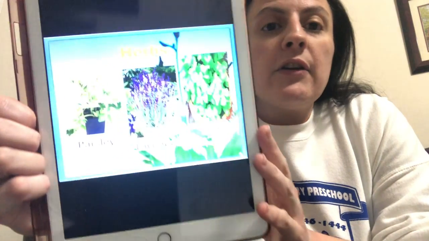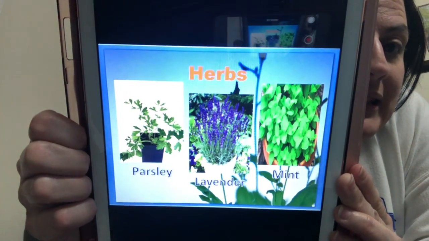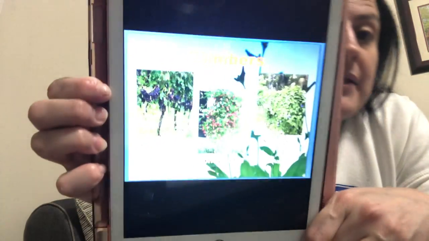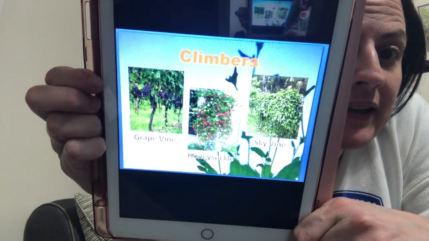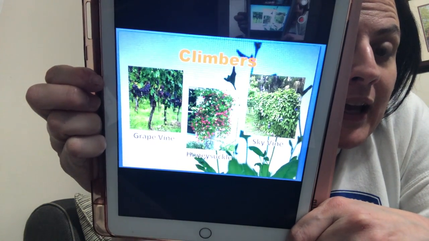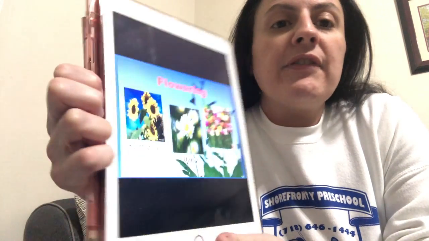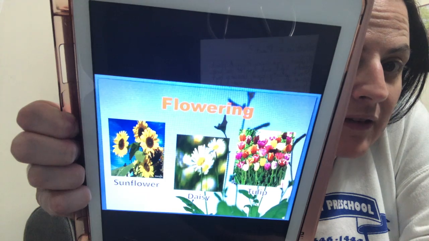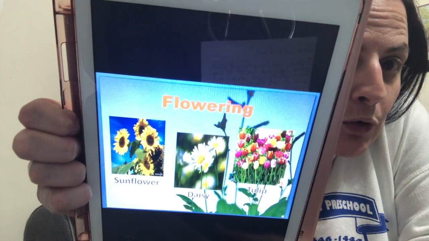Then we have herbs, parsley, lavender, and mint. And we have climbers, which was the grapevine, honeysuckle, and skyvine. And we have flowering plants, you see, which is sunflower, daisy, and tulip.